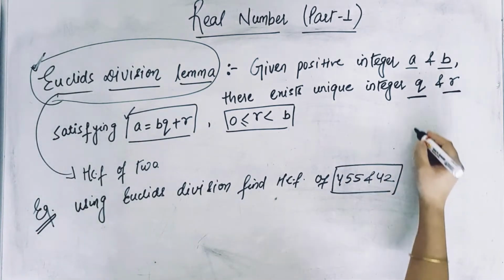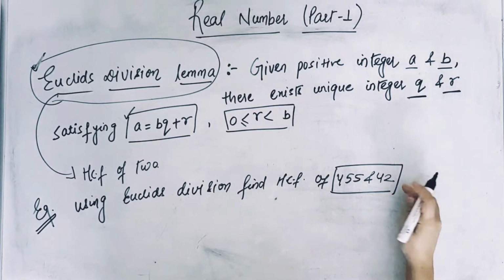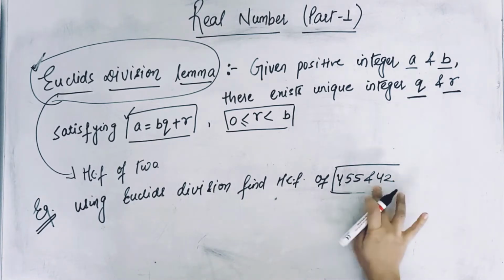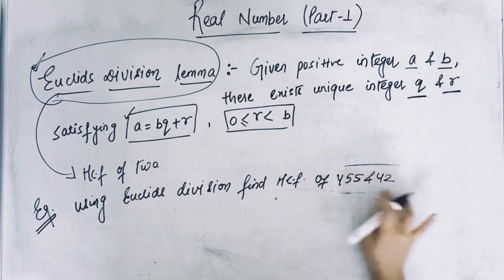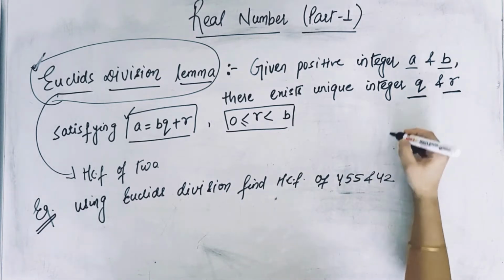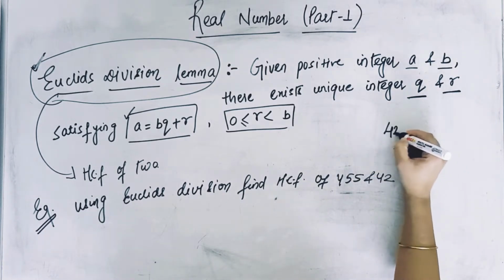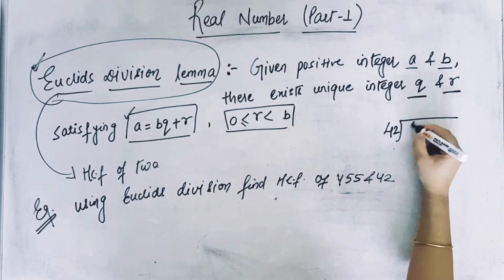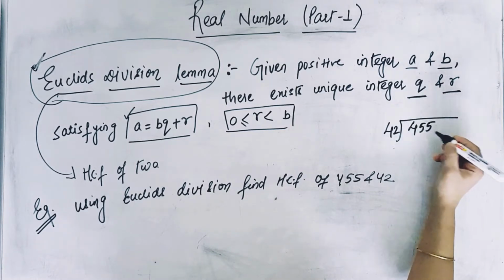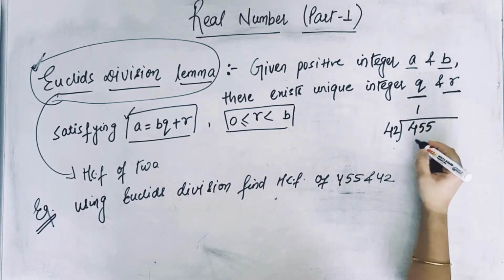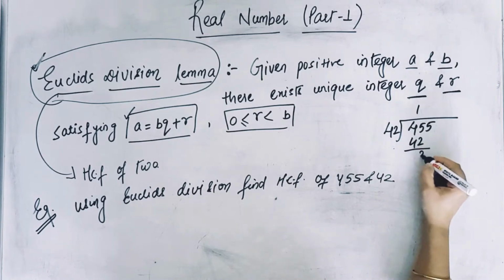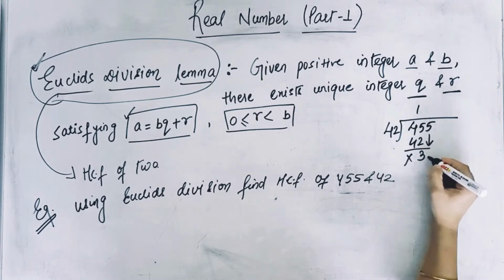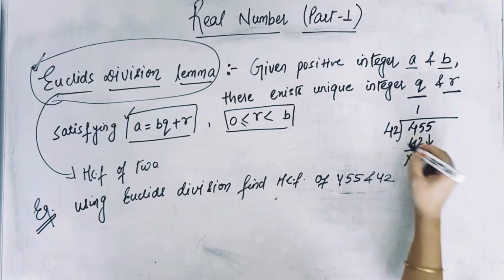We have learned in our previous classes there were many methods and we also remember the long division method. So if I solve this question by the long division method, I'll do 42 divided into 455. 42 into 1 is 42, 5 minus 2, 3. This will come to be 35, which is less than 42.